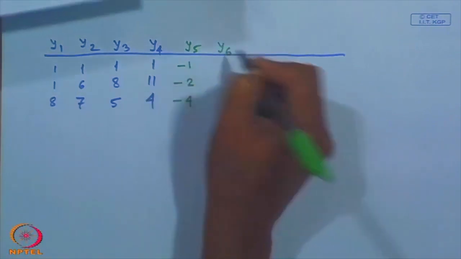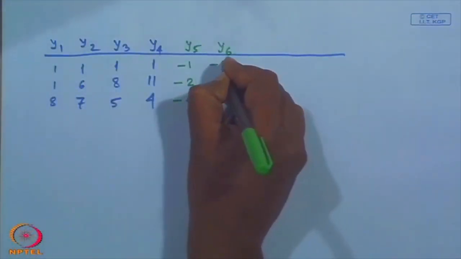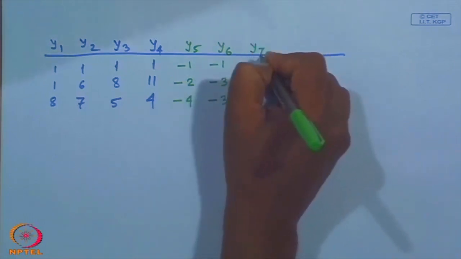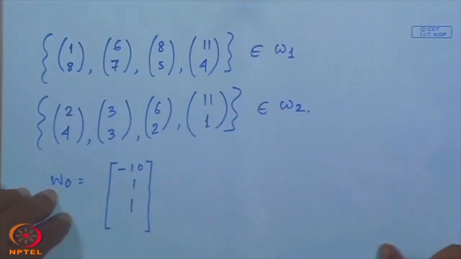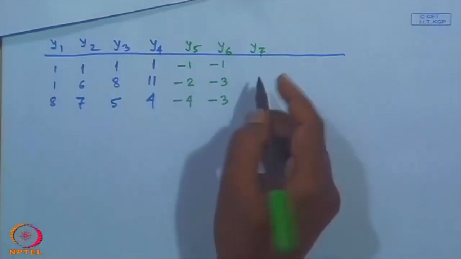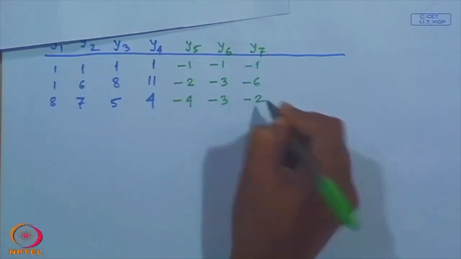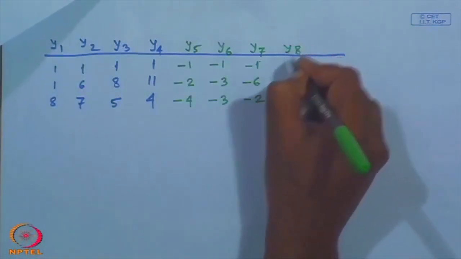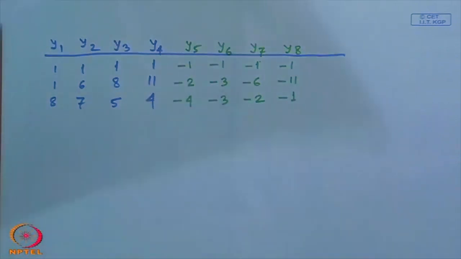In the same manner, y6, x6 is 3 3. So, y6 will be minus 1 minus 3 minus 3, y7 which is 6 2. So, y7 will be minus 1 minus 6 minus 2, y8, x8 was 11 1. So, y8 will be minus 1 minus 11 minus 1. So, these are all my modified samples.